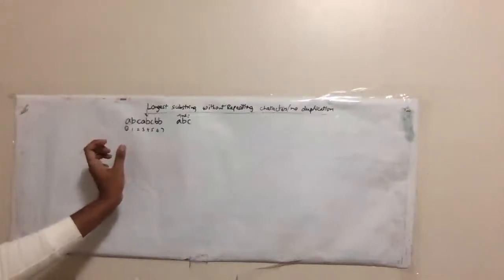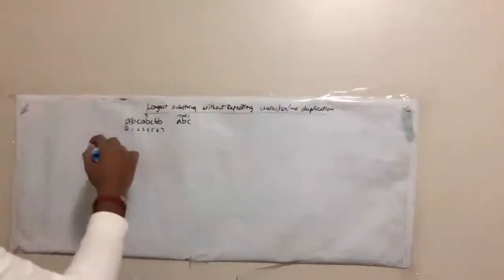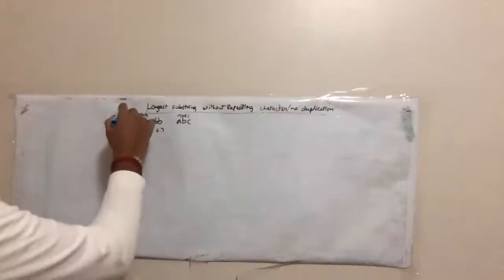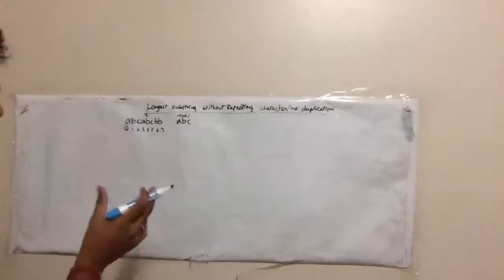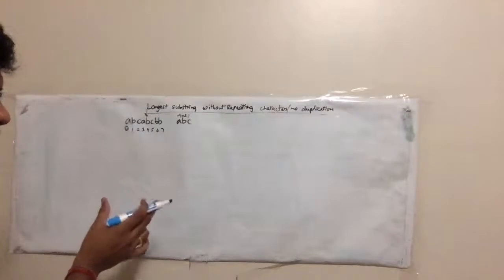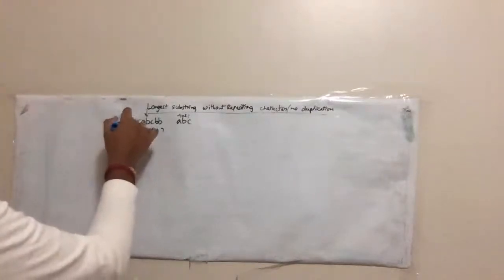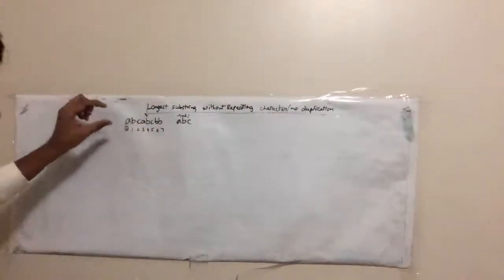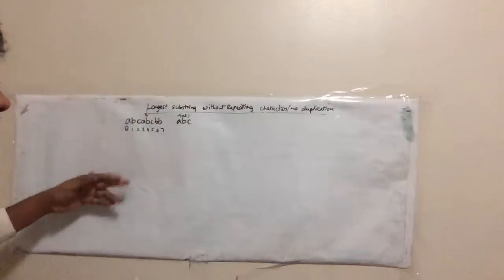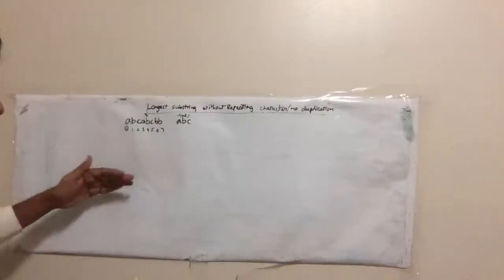I mean, we need to store a start index for the possible string. We will initially make the start index at 0, and we need to update the start index based on the condition.